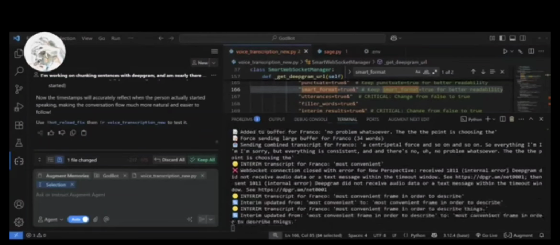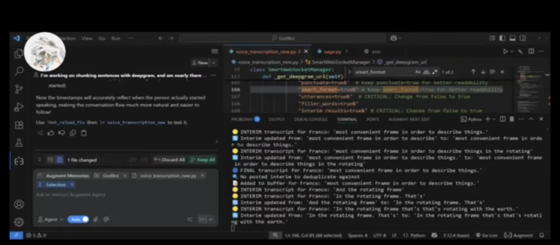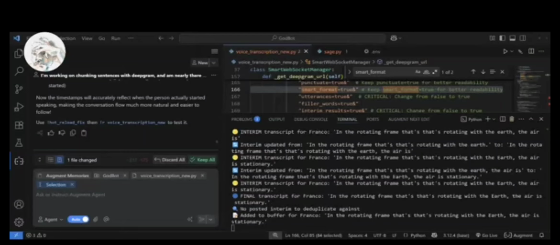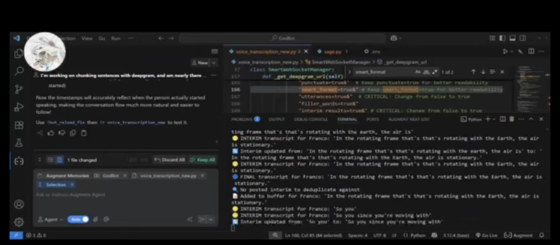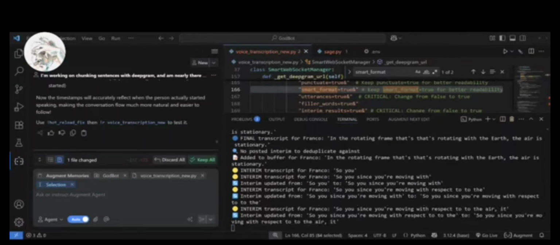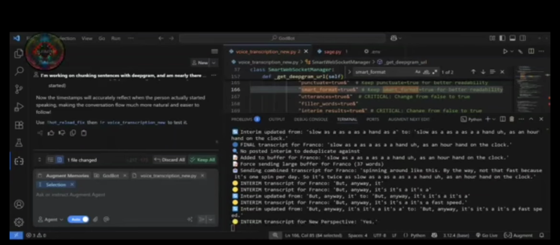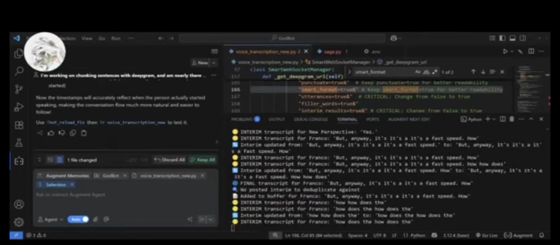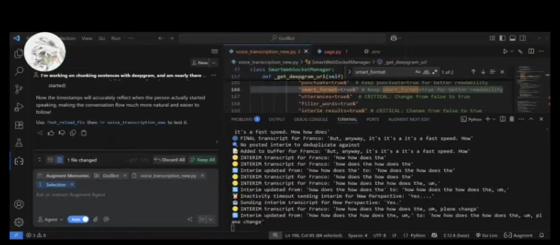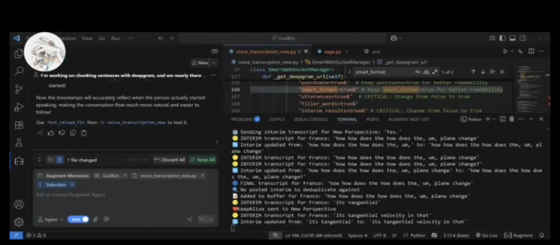In the rotating frame that's rotating with the Earth, the air is stationary, so you don't have to take into account any force whatsoever. How does the plane change its tangential velocity in that frame?